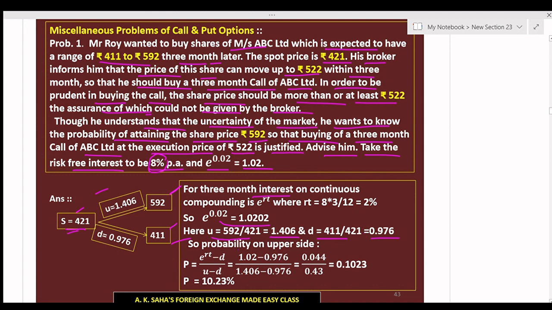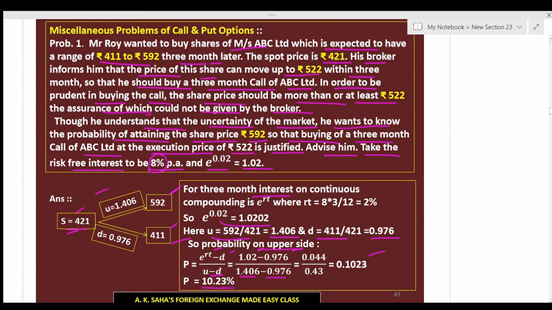So the probability on the upper side, P, is equal to e to the power RT minus D divided by U minus D, that is 1.02 minus 0.976 divided by 1.406 minus 0.976, equal to 0.1023, that is P is equal to 10.23%.